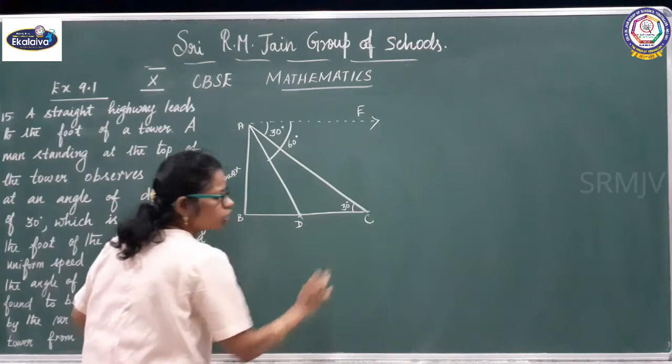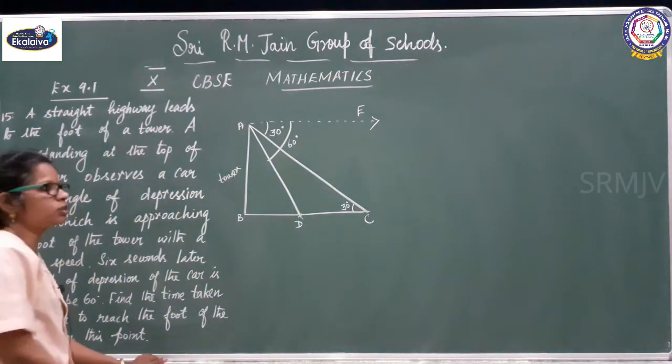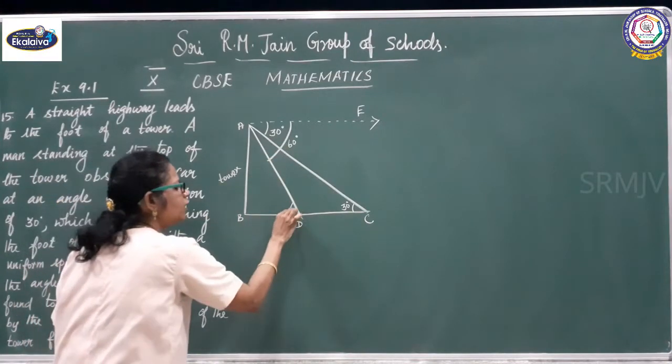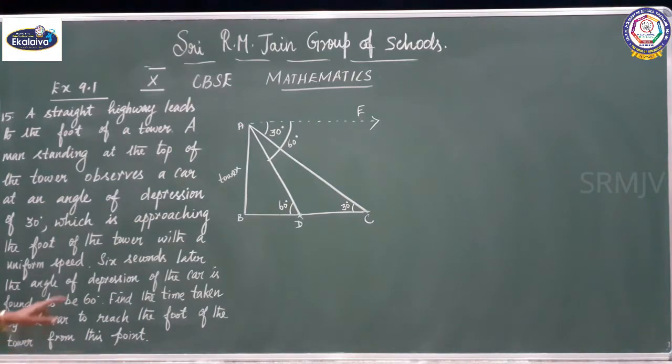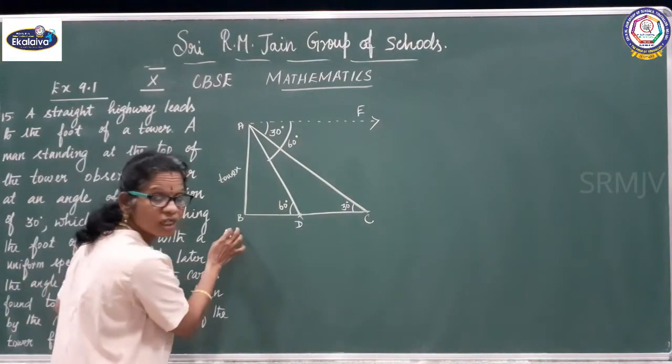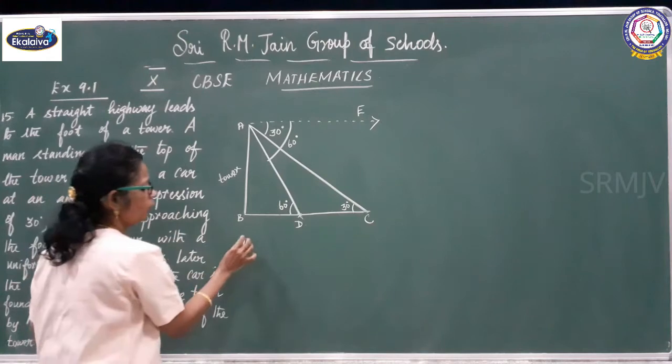AE parallel to BC, AD acts as a transversal, so alternate interior angles are equal. Got it? Now after 6 seconds, find the time taken by the car to reach the foot of the tower from this point, right? They are expecting the distance between B and D. Got it, children?